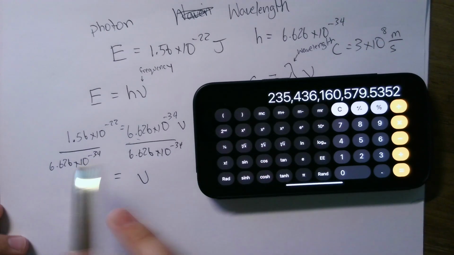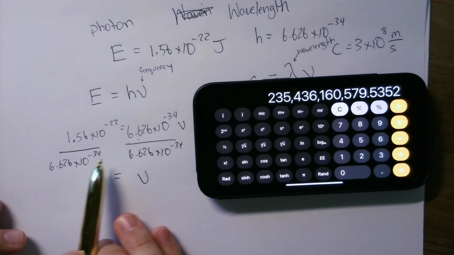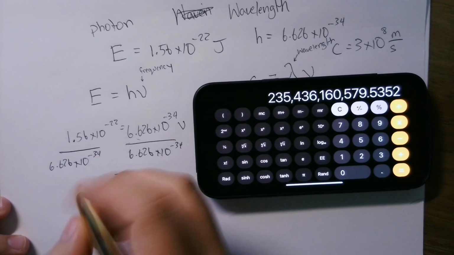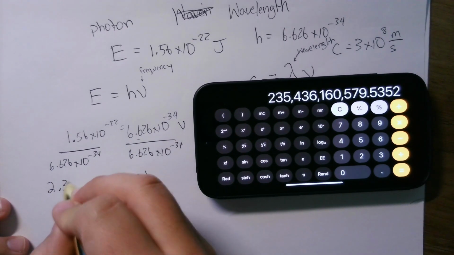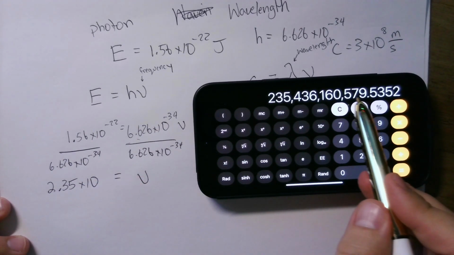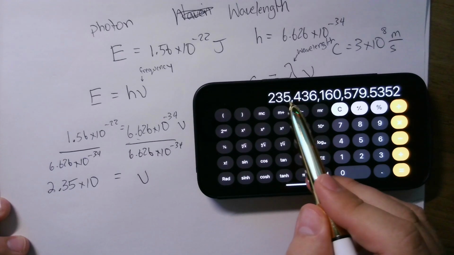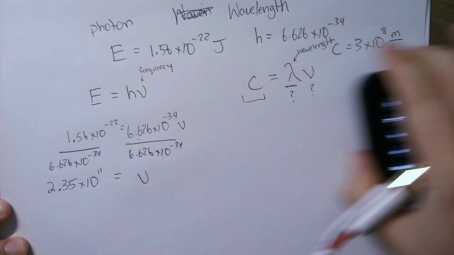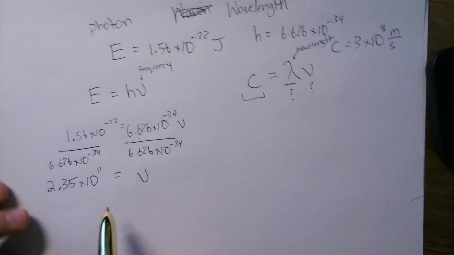I'm expecting a large answer because dividing by this negative exponent, it's bigger than this exponent. So I'm expecting a big answer, which is what I got. So I'm going to write that in scientific notation, and I'm just going to round it to 2.35 times 10 to the 11th. That's the frequency of my wave.